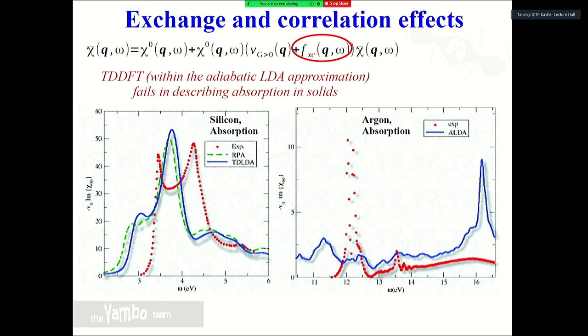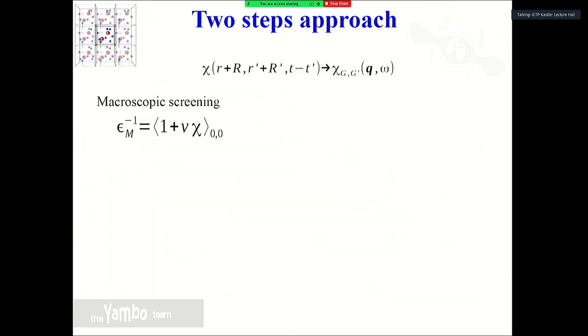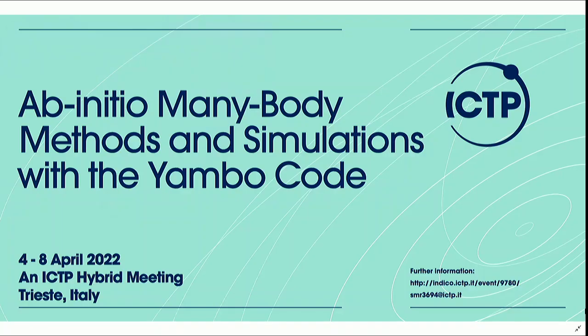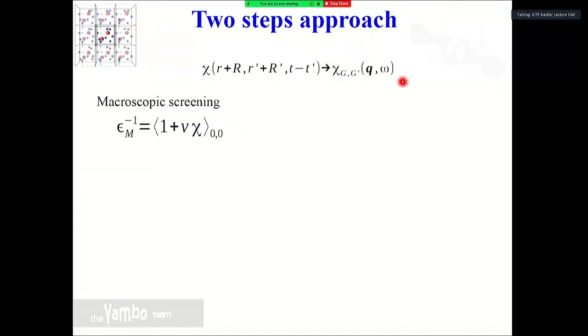And the reason now we know is that this approach misses excitonic effects. So the approach was based on the idea that we take the response function, we start from the DFT calculation, and from that we go in G-space and we go through this macroscopic averaging procedure and we get a macroscopic dielectric function. So this is not a good scheme.